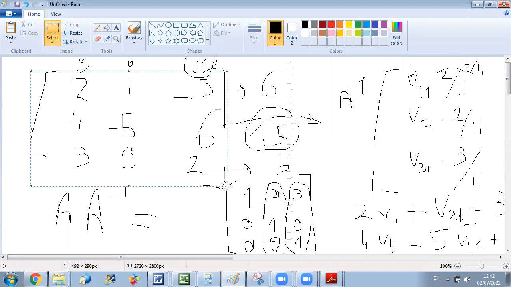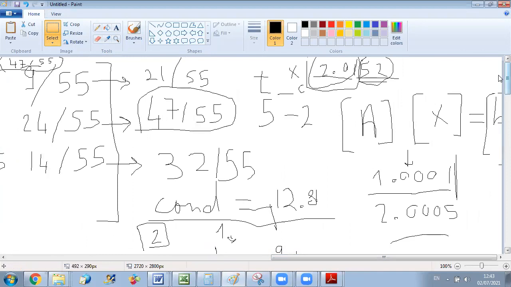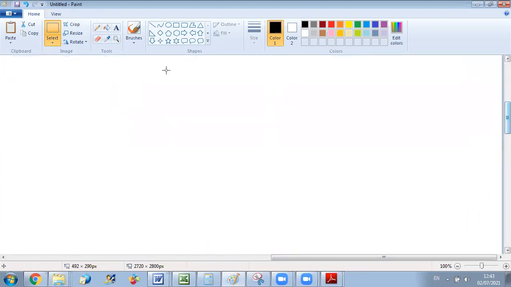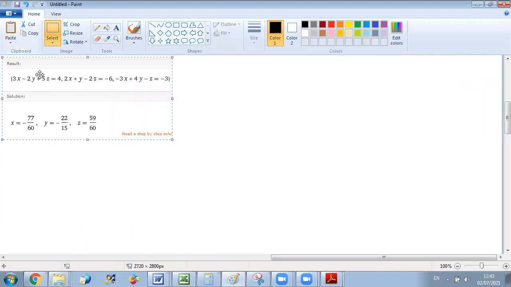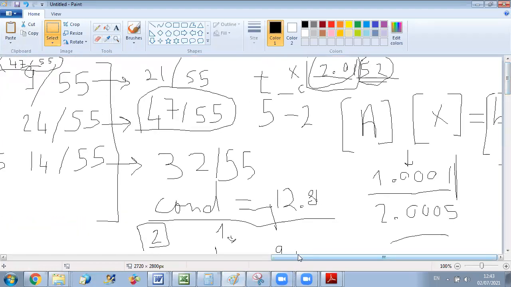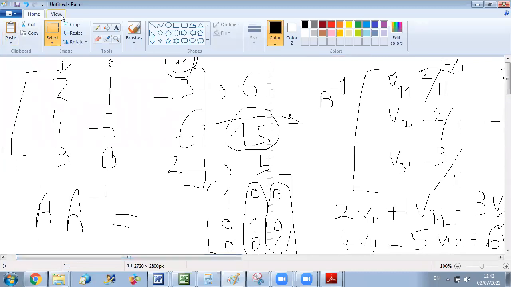I want to predict A minus 1 without using LU factorization, just using my calculator. My calculator is not a complex calculator. It just allows me to find the solution of a system of 3 equations with 3 unknowns.